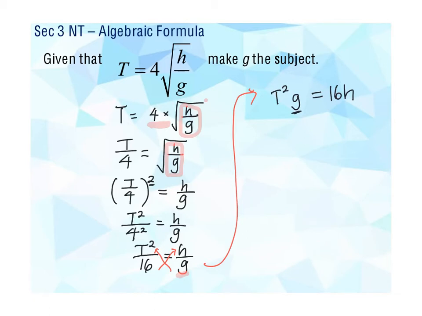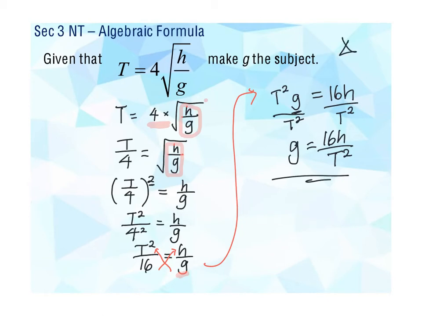T squared will now go to the opposite side, and we are left with G equals 16H over T squared. Now this is a star question.